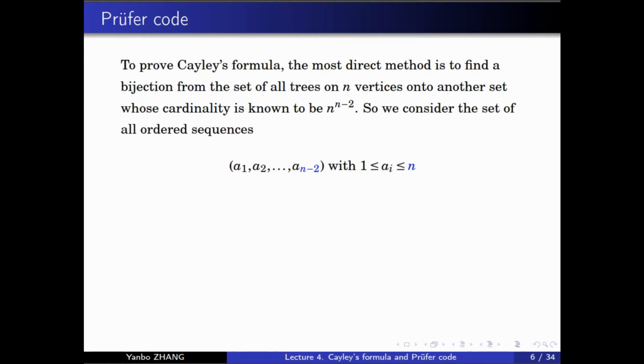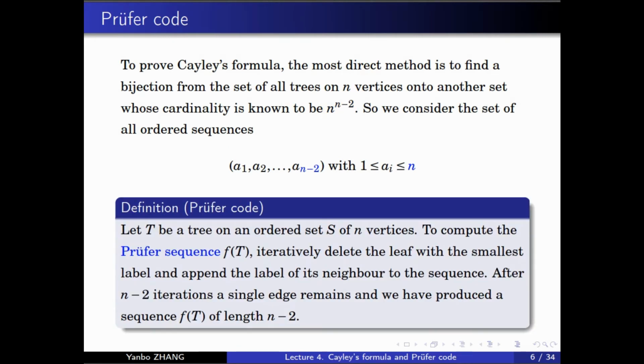So we consider the set of all ordered sequences a1, a2, up to a_{n-2}. Each a_i has n options from 1 to n. So the cardinality is n times n times n, and so on. There are n minus 2 n's, which is n to the power n minus 2.